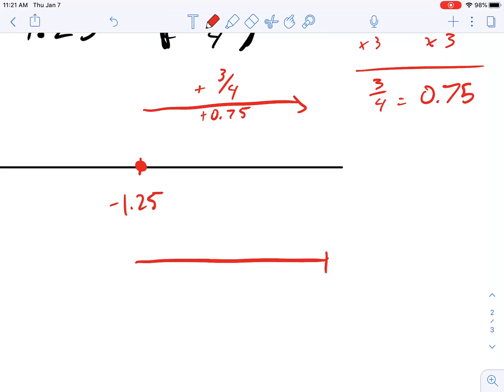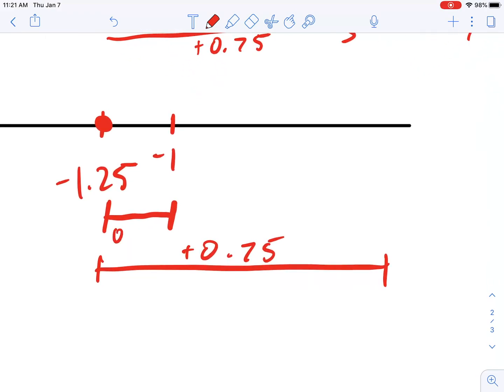There's a couple different ways to do this. We're going to be moving 0.75, and I would go to the nearest whole number to make this easy for ourselves. I would ask you, okay, how far is it from negative 1.25 to negative 1? And I hope you would be able to answer that 0.25 is the distance.